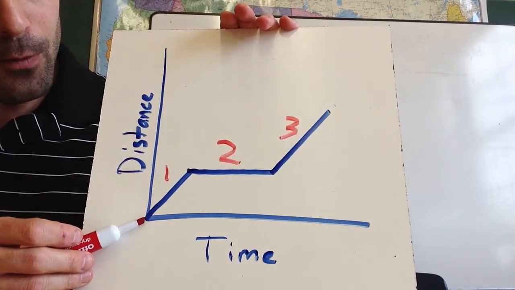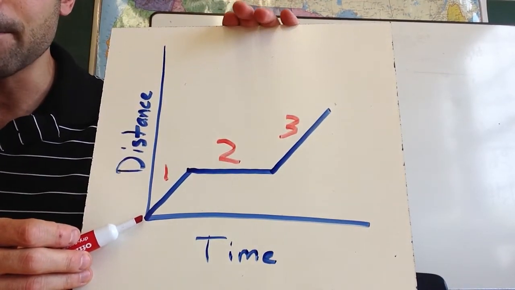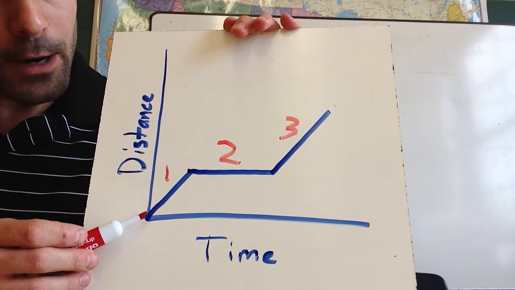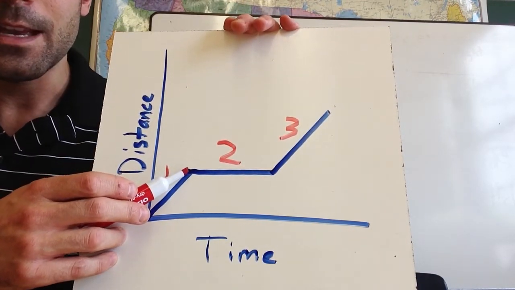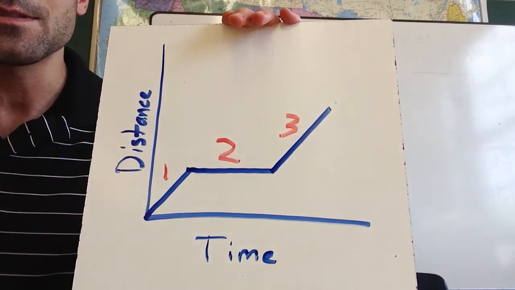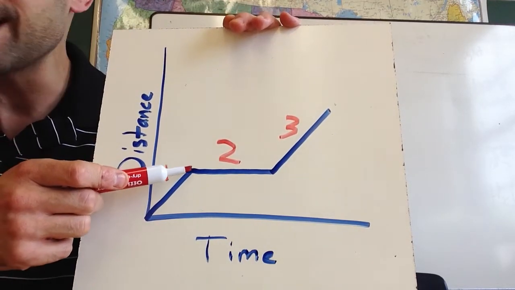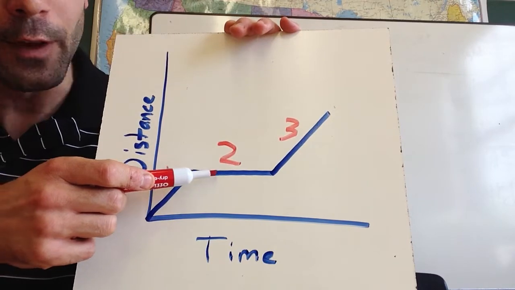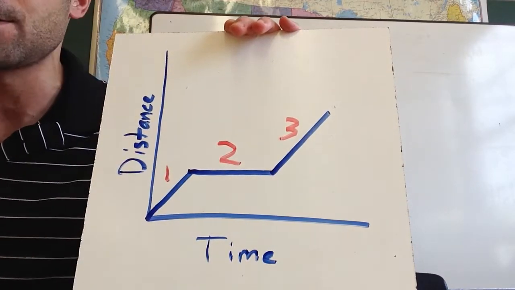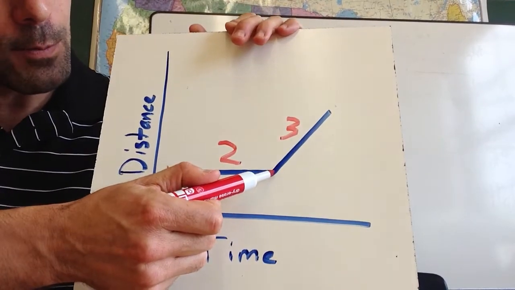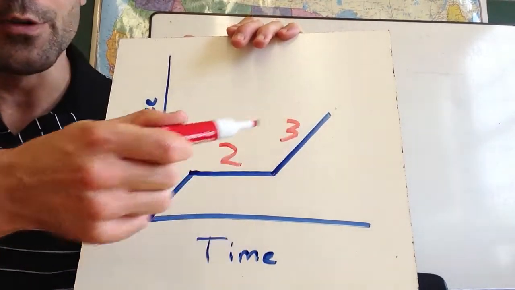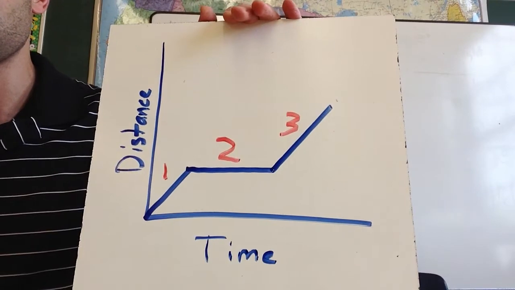So at this point, we're at a complete stop. They are traveling at a constant rate going up until they get to this point.